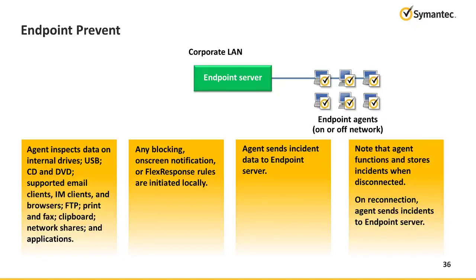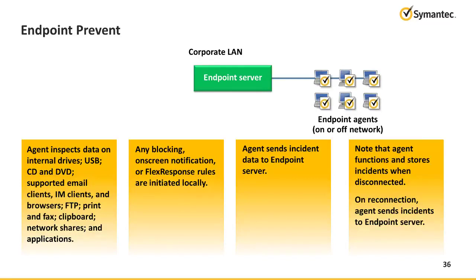If a user attempts to transfer confidential data against policy, the agent executes the appropriate response, which may be to block the transfer, prompt the user to confirm the action, display an on-screen notification, or execute custom responses, such as modifying access control lists on files to remove guest access to selected files, for instance.